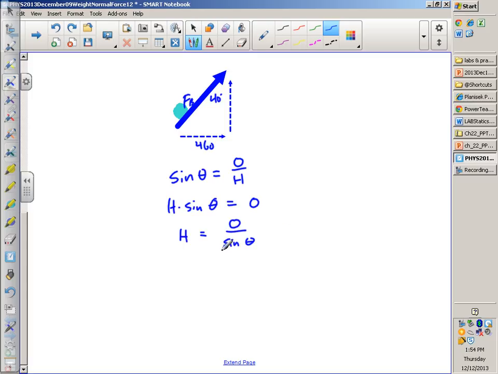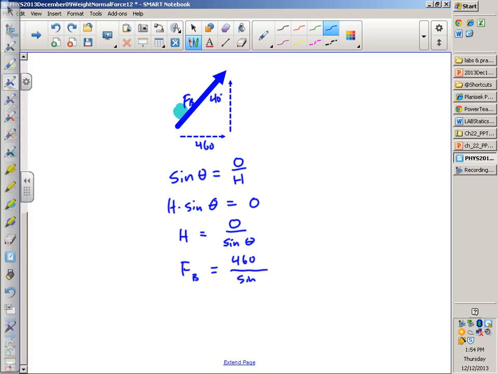So whereas in the previous problems, generally when we were looking for the two sides, we would multiply. Here we need to divide. So the hypotenuse of this triangle, we know is F_B, right? We learned that the opposite side of that triangle is 460.